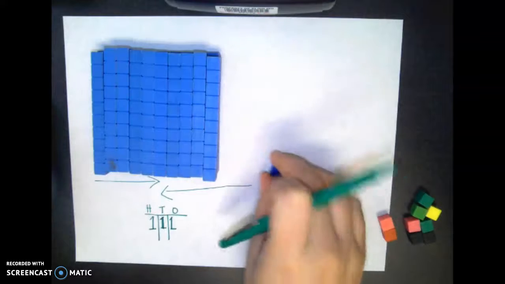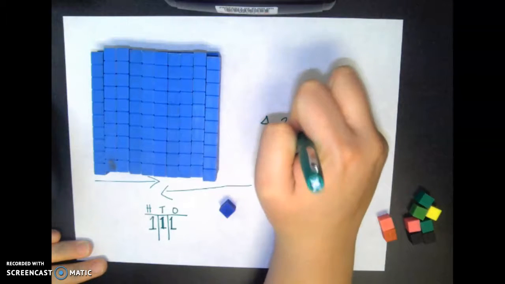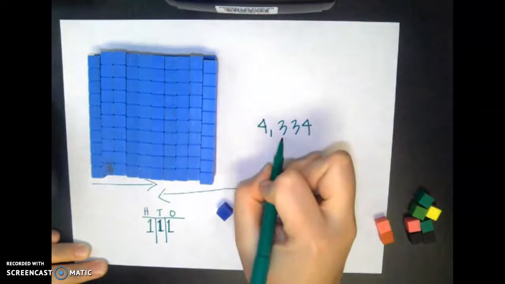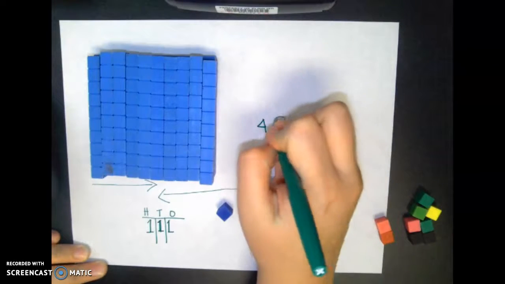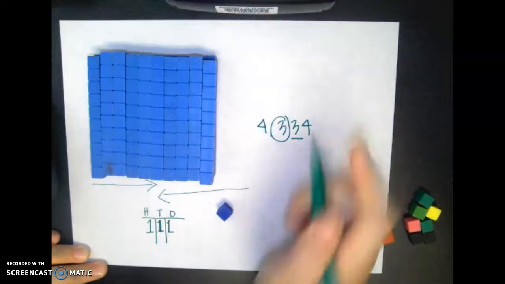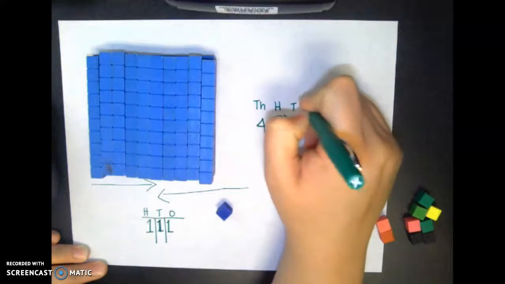So let me put the number 4,334. Okay? I'm only going to compare place values that are right next to each other. I'm not going to be comparing place values that are in my thousands and my ones.